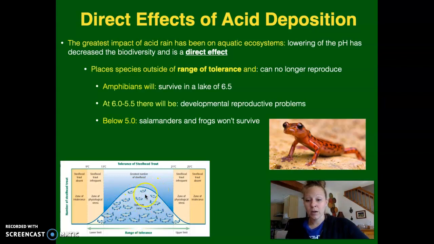So this is where they are going to survive. And here is our zone of physiological stress. So this is about 6.0 to 5.5. And this is when our organisms are undergoing reproductive problems. They can maybe be there. The strong ones can survive there, but they can't reproduce. They can't live a full life. And so very few are going to be able to survive there.